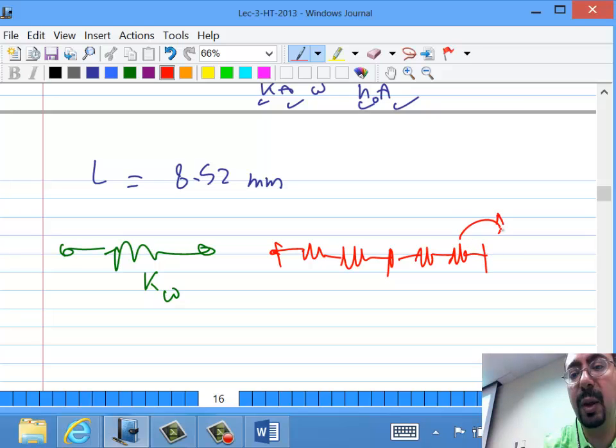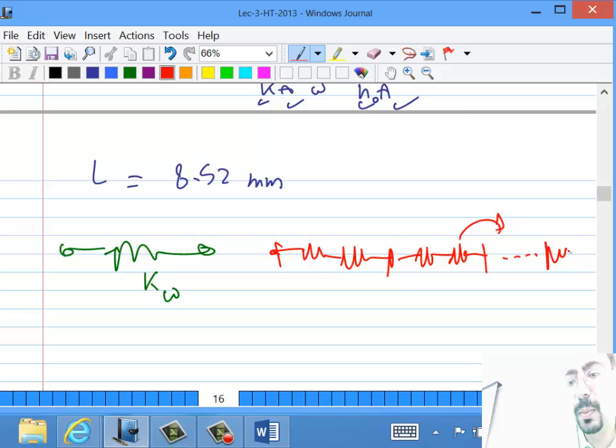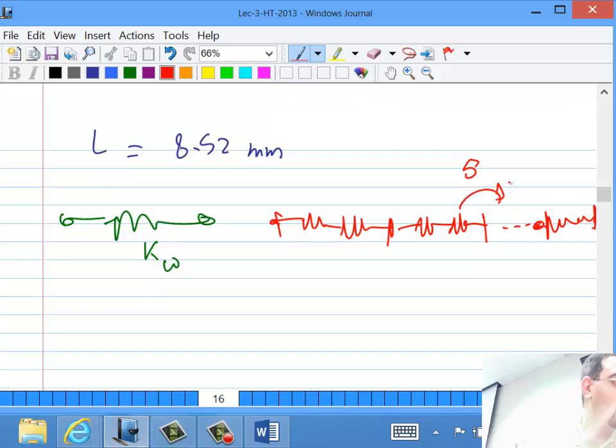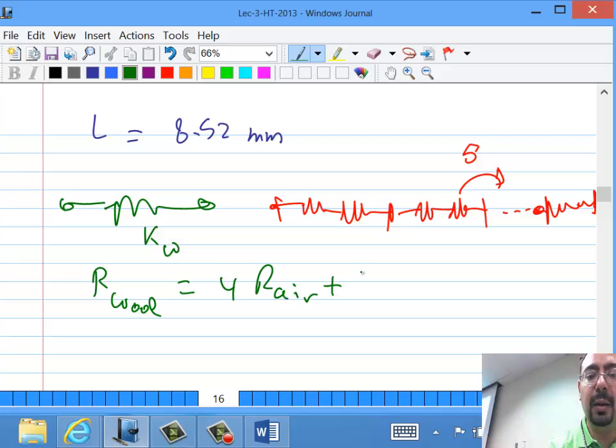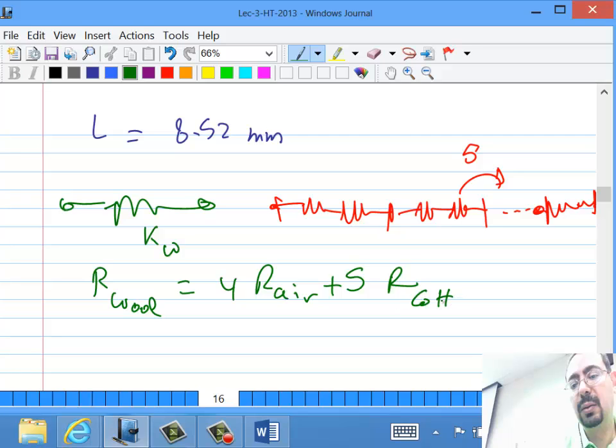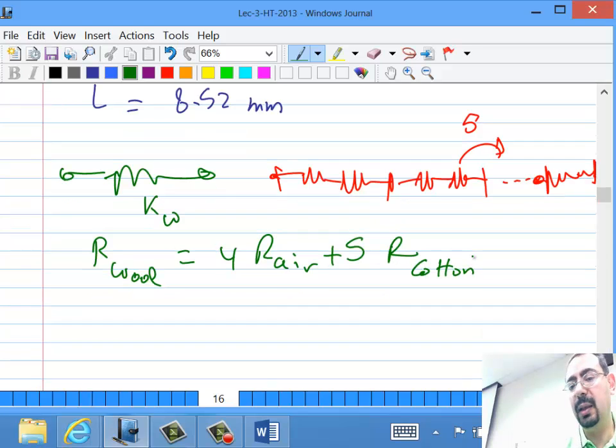All right, so all you have to do, since we are running out of time, is say our wool is going to be 4R air plus 5R cotton. And those you calculated from the last problem. Remember we had to calculate them here? 4R air, and so you had those numbers already.